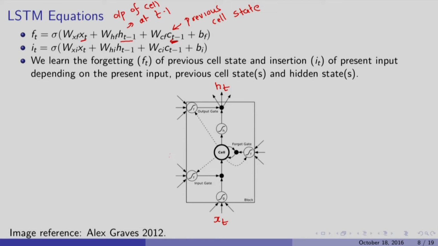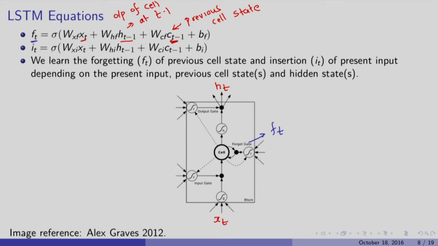Of course these inputs and outputs, all of them are also fed to the forget gate, and there is a small offset or a bias associated with each of these gates. So BF is the offset for the forget gate, and we applied a sigmoid activation unit here. So FT is what sits here.